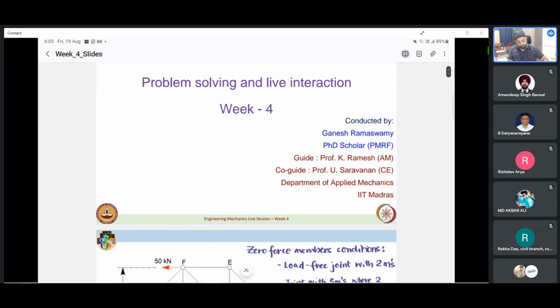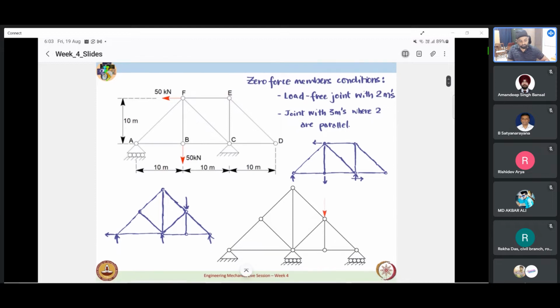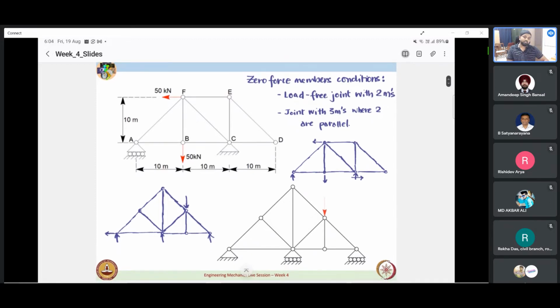Before we move on to week 4 content, which is beams, I'd like to make one small clarification, regarding a question that was asked in the last session about zero force members. If we see how to identify zero force members, there are two conditions.